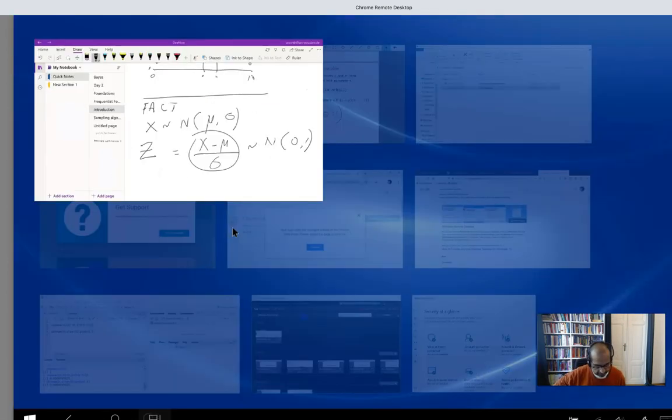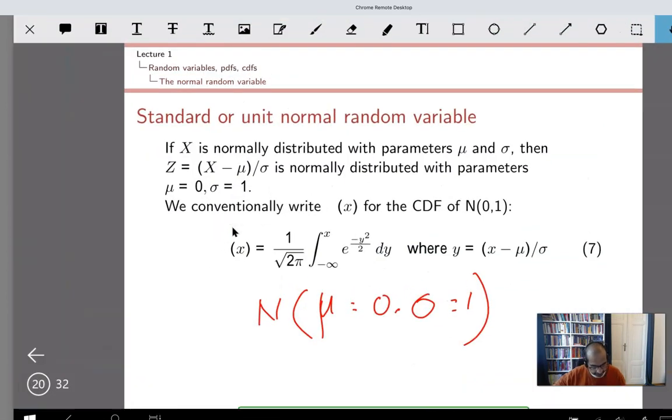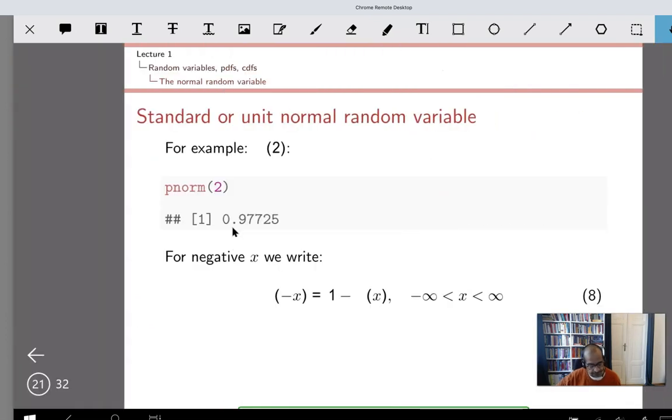That's the one that I just showed you. So you can transform any normal random variable to a standard normal random variable, and that transformation is given here. This will become relevant very soon when we start talking about t-tests and so on.